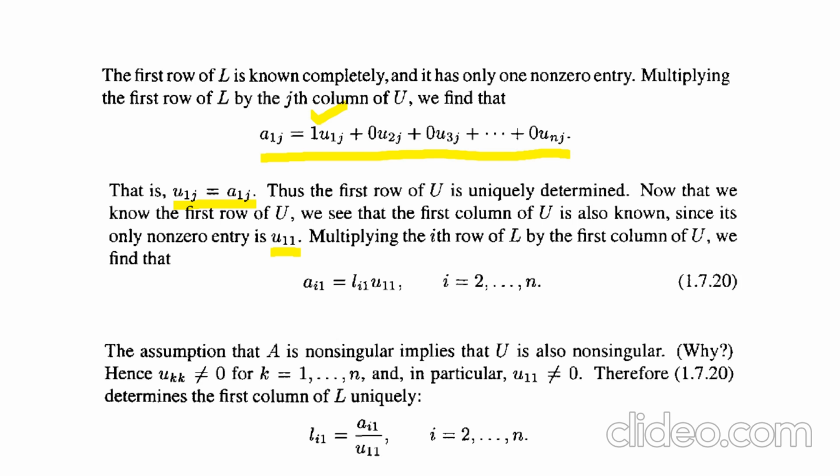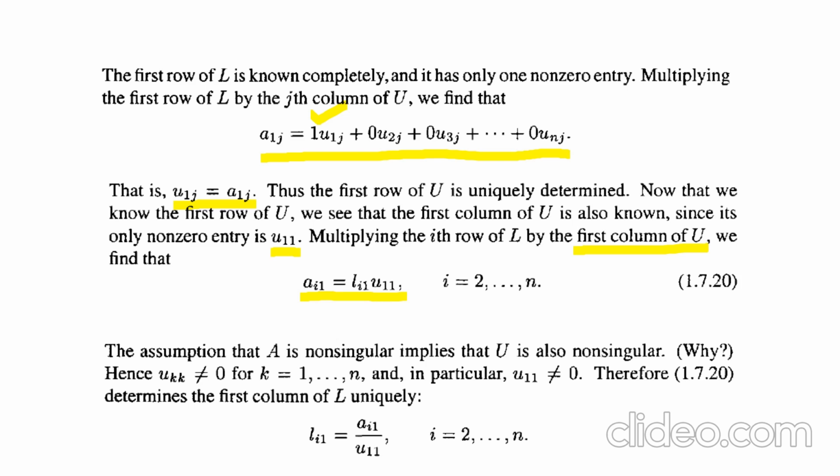Now multiplying the ith row of L by the first column of U, we obtain this result. You take any row of the L matrix and multiply by the first column of U. This simple result will be gained. If you vary i from 2 to n, you can find all the values.